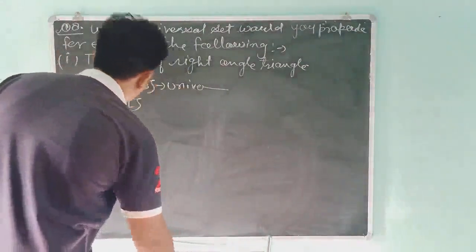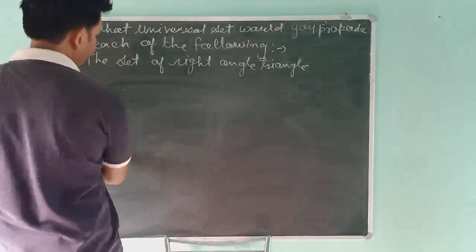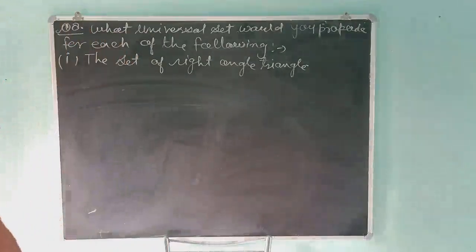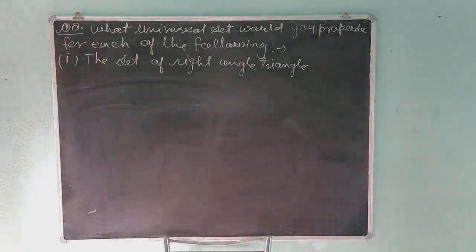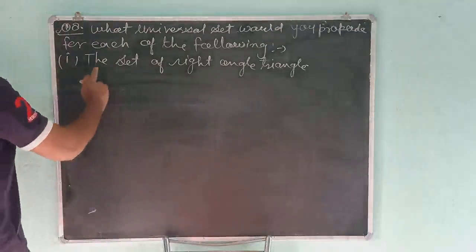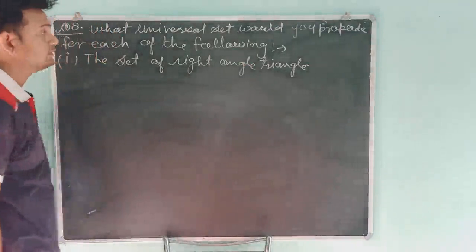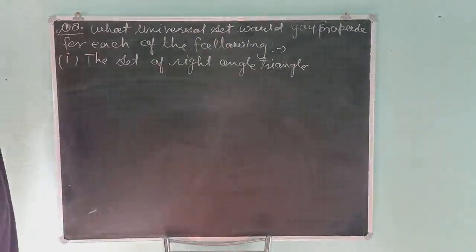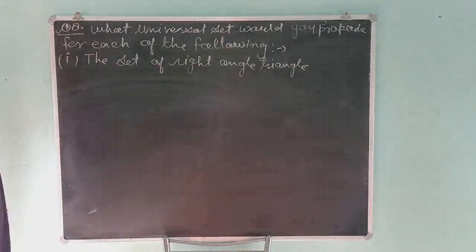Okay. But now according to question number 8, what universal set would you propose for each of the following? First question is the set of right angle triangles. Okay students, what type of universal set will you prefer?